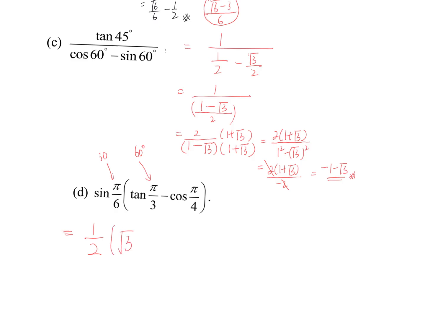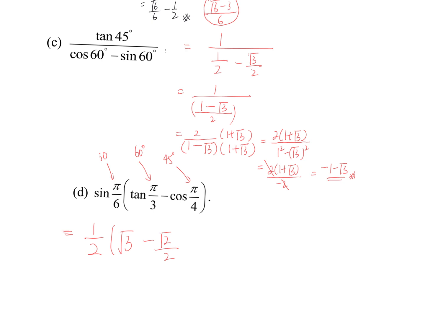Right. Cosine 60. What is cosine 45 degrees? Root 2 over 2. So go and expand it out. I paid attention, so I could get another cancel. Can. Why not?